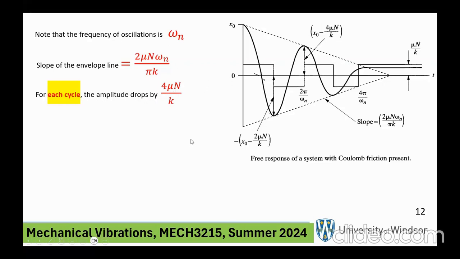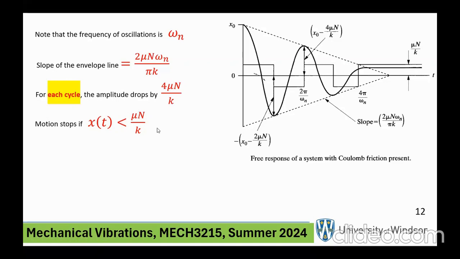Now, the motion stops if the spring force, which is k times x of t, see, k times x is the spring force. If the spring force is less than the friction force, then it's not going to move. Okay?